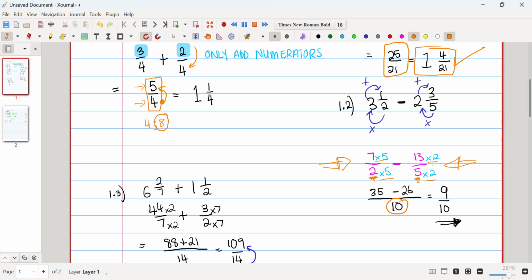And you have to do the same to the top. So 7 times 5 is 35. 13 times 2 is 26. We do the subtraction. 35 minus 26 is 9. And we keep our denominator the same. In this question, what I did was I wrote the whole fraction over 10. So you can also do that. I just wanted to show you a different way of writing it.